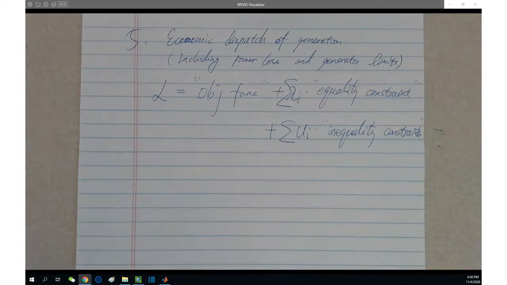So if this makes sense, let me ask you again. He involved the power loss and the generator limits, which we didn't. We could put the generator limits in as an inequality constraint. And the power loss we could subtract from or add to our PD.